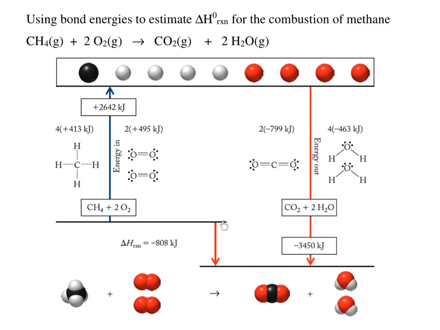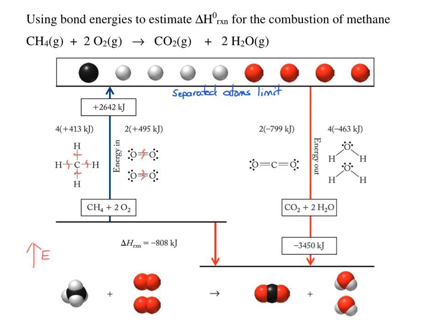Energy of our reactants is represented by the height of this line. So remember, our energy is going to be increasing as we move up. In order to reach what we call the separated atoms limit, energy has to be put into the system to break all of these bonds.